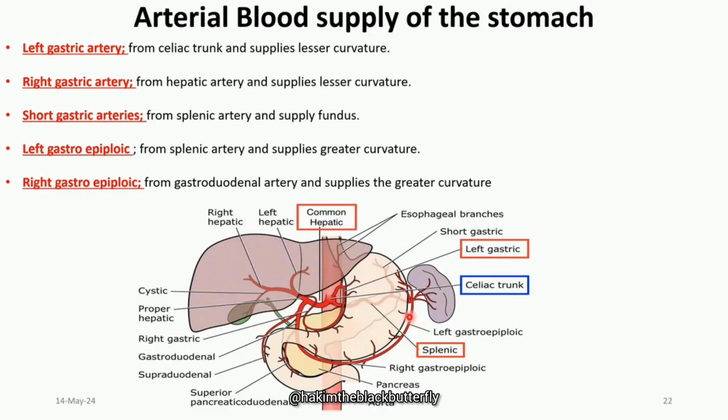Then your left gastric, it's a branch also from the celiac trunk, and it's going to roll over the lesser curvature, supply blood to the lesser curvature of the stomach. And it's going to anastomose with a very small branch given off by the common hepatic, a branch that we call the right gastric artery. Some sources state it's a branch of the common hepatic, but other sources say it's a branch of the hepatic artery proper.